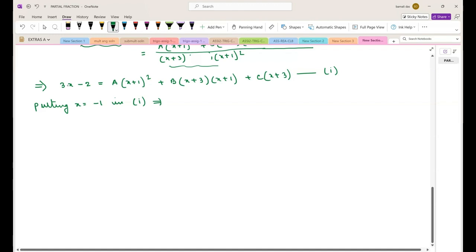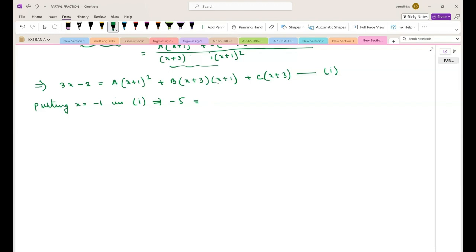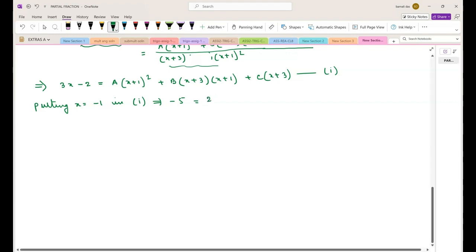Now left hand side, 3 into minus 1 minus 3 minus 2, minus 5, equal to, acha, so these two factors will vanish, x equal to minus 1. So this is 2c, minus 5 equal to 2c. So from here you have c equal to minus 5 by 2. So one constant determined.